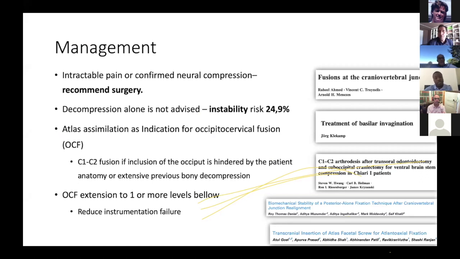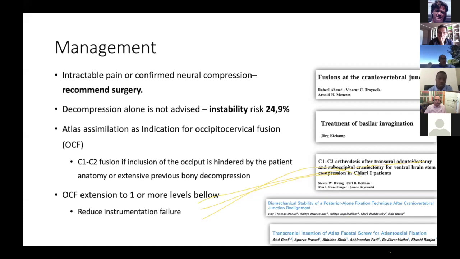To do a C1-C2 fusion is biomechanically being studied and proven by some authors, but we think it should be done only if including the occiput is hindered by the patient anatomy, or if extensive previous bony decompression was already done. And to do an OCF, comes the question of where to end the instrumentation.